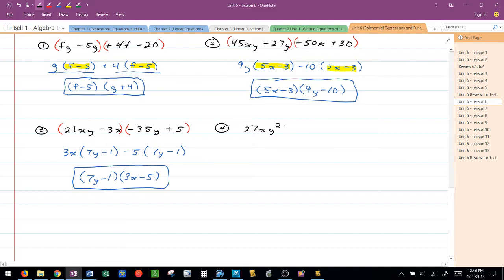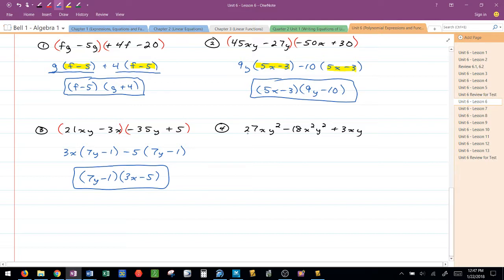27xy squared minus 18x squared y squared plus 3xy. Wait a minute, Leonhardt. There's only 3 terms there. You're right. When there's 3 terms, the first thing I want to think of is not grouping, but GCF factoring. So I'm going to think, okay, what's the GCF here?